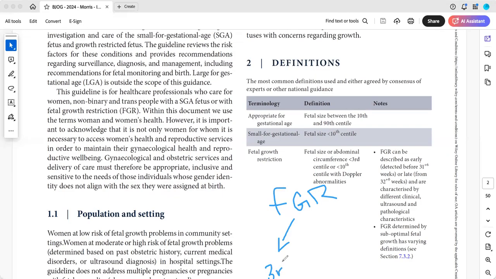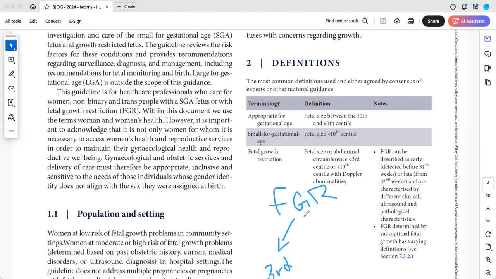So this is the lowest. If we have 100 fetuses, this baby is among the smallest three of them, right? Less than the third. One of the smallest babies. This is an FGR baby.